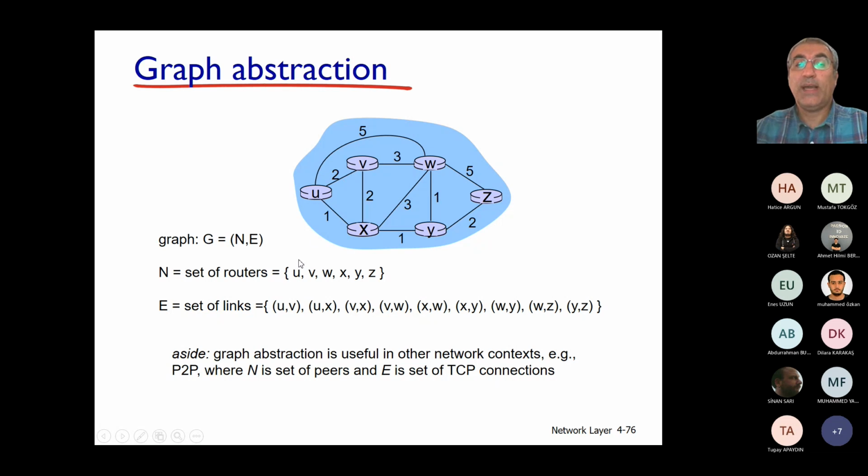For instance, we have the links UV, UX, UW, YZ, and so on. So you can look at all the combinations. This graph abstraction is very useful to explain the network basically.